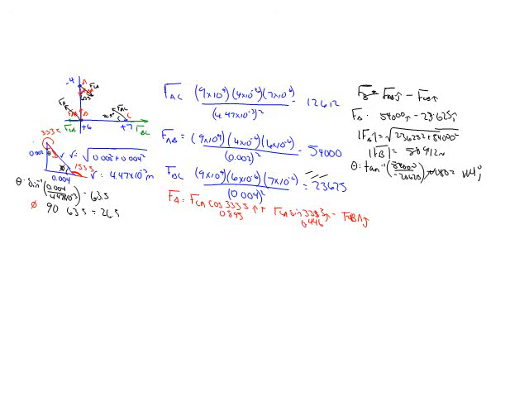So we have FA is going to be FCA, 12612 times 0.895 i-hat plus 12612 times negative 0.446 j-hat minus FBA, 5400 j-hat. Add up your j-hats, then your i-hats.